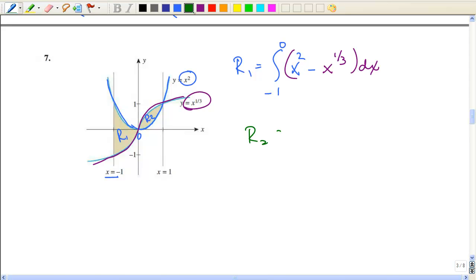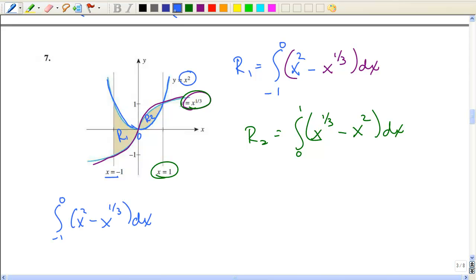Then region 2, this time this x to the 1/3 is going to be on top, and the parabola is on the bottom, and we're integrating from 0 to 1. So not the same area, we can't double it or anything like that, but let's go ahead and integrate this.